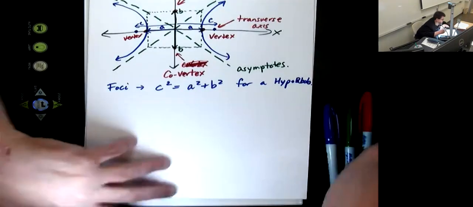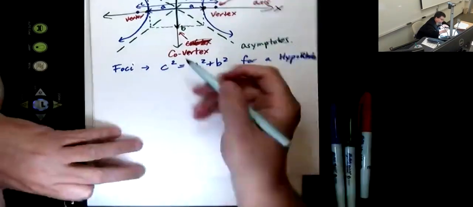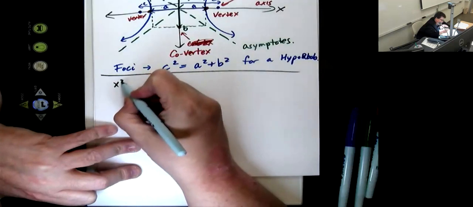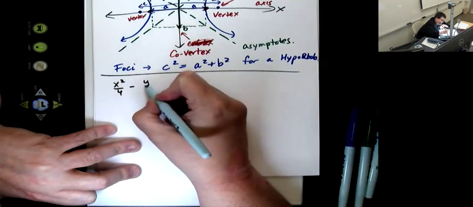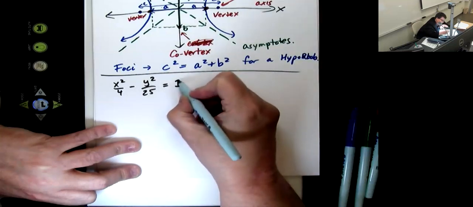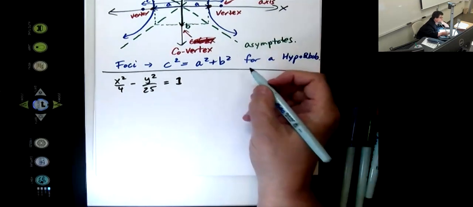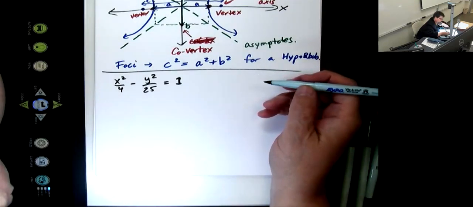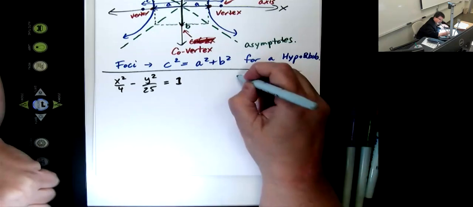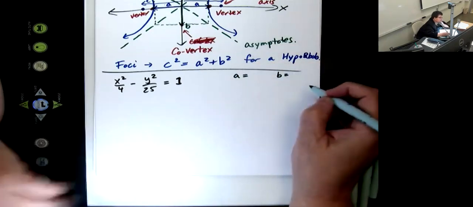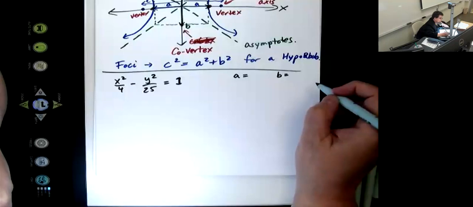So let's just do a general hyperbola, give you some practice. We're gonna do x squared over 4 minus y squared over 25 equals 1. So what does A equal and what does B equal?